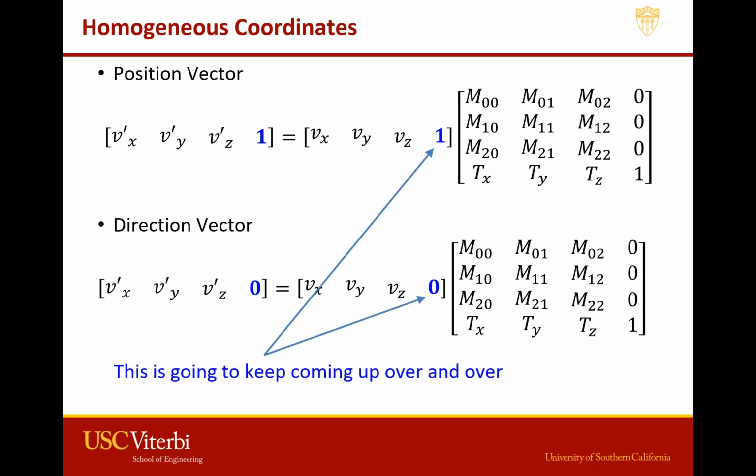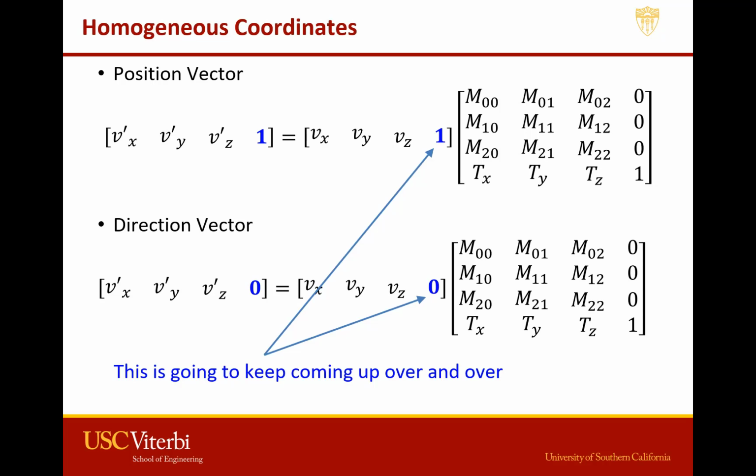All right. This is going to keep coming up over and over, and people forget it over and over. So I'd like to stress it again. If you see a 1 here, this is a position vector. If you see a 0 here, this is a direction vector. If you're trying to transform all the vertices of a geometry, those are positions.